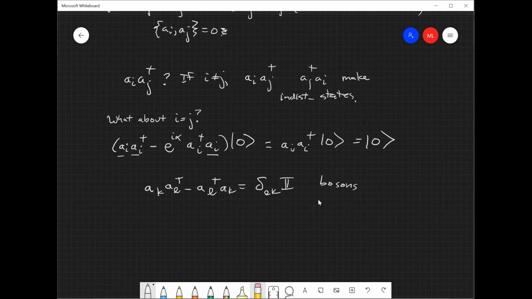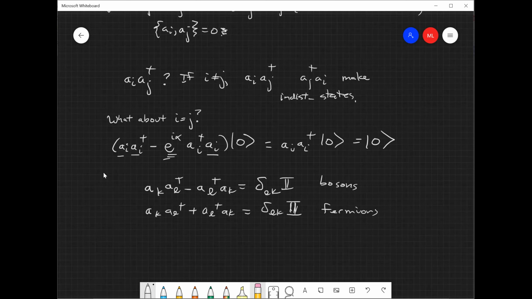And for fermions, it's the opposite because this e to the i alpha is minus 1. So then it's the anti-commutator, which comes in with a plus sign. So it's a little bit different for the mixed states. They're not just 0.